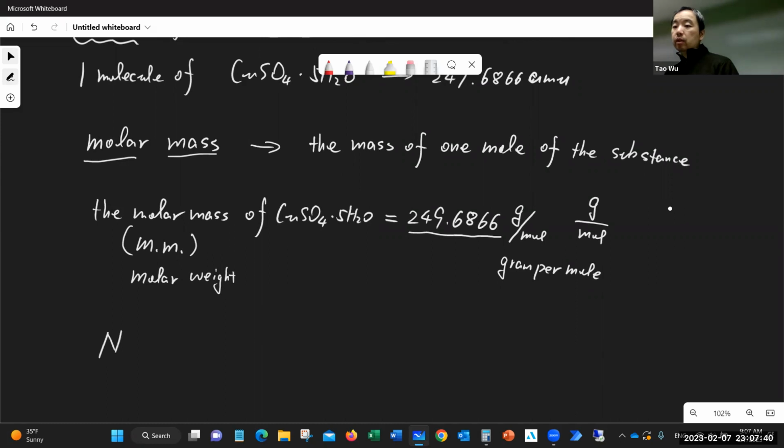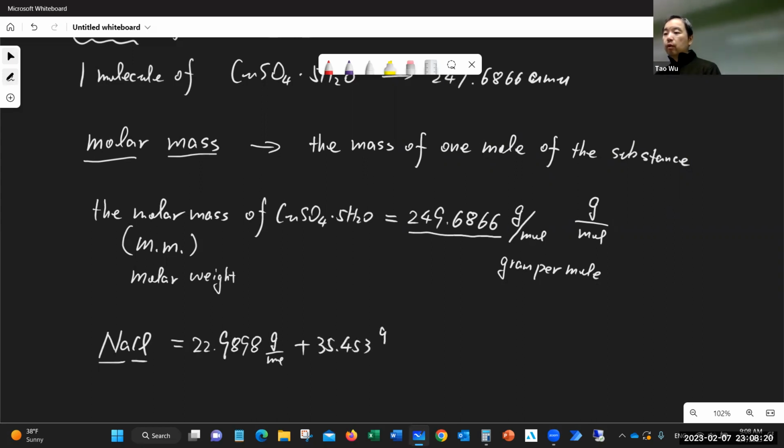So how about the molar mass of sodium chloride? What are you going to do? You see we have 1 sodium and 1 chloride, so you go to the periodic table to look at the molar mass of sodium and the molar mass of chloride. Sodium is 22.9898 gram per mole, plus chloride, which is 35.453 gram per mole.